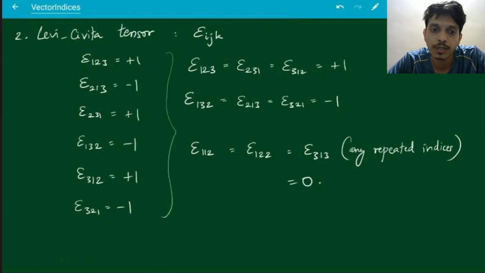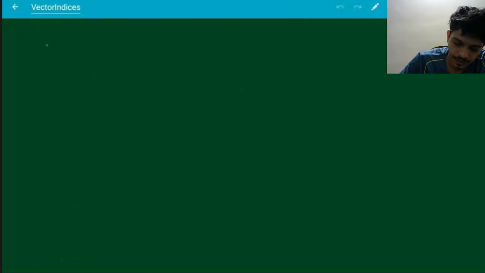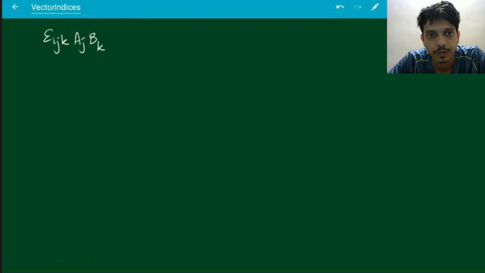And of course, we are going to use this also in various kinds of summation calculations, just like we did for the Kronecker delta. So let's take one example. Let's evaluate epsilon ijk aj bk. What is this? Again, this is a double sum because j and k are both repeated indices, so I'm going to sum over them.